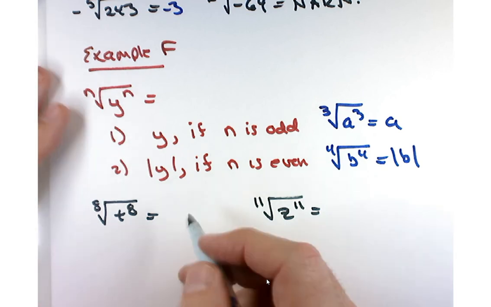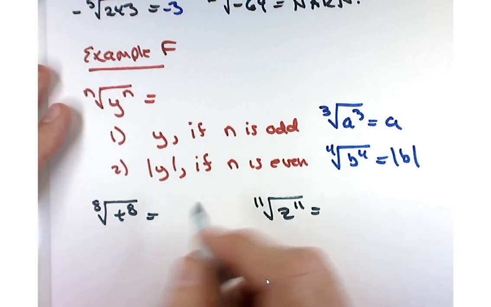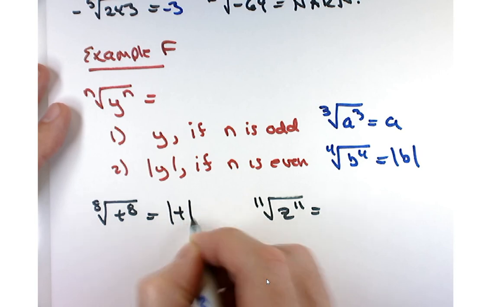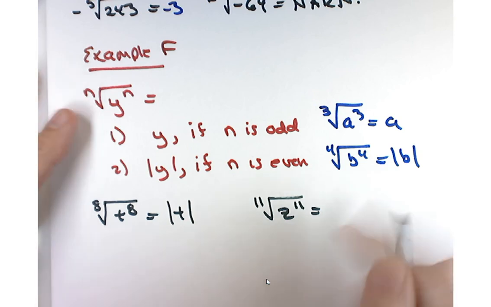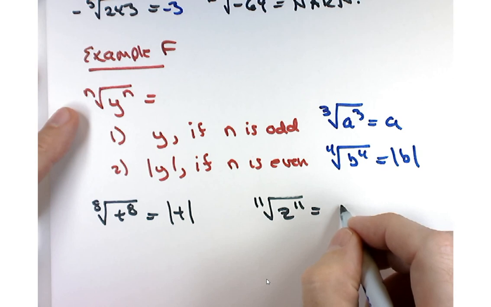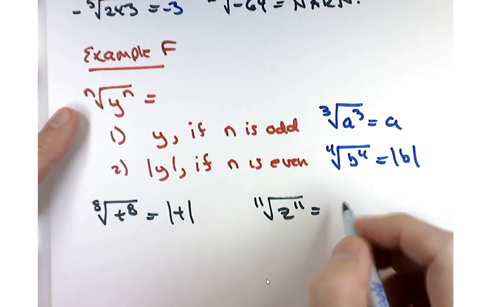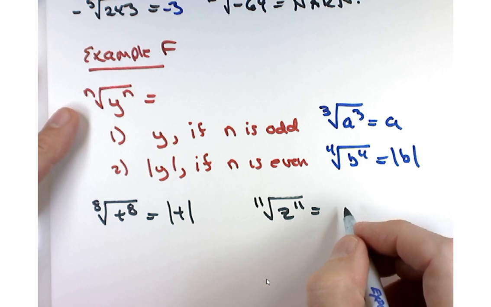Sarah, what'd you get for the first one, please? Absolute value of t. Good. Jocelyn, what'd you get for the second one? You would just put z.